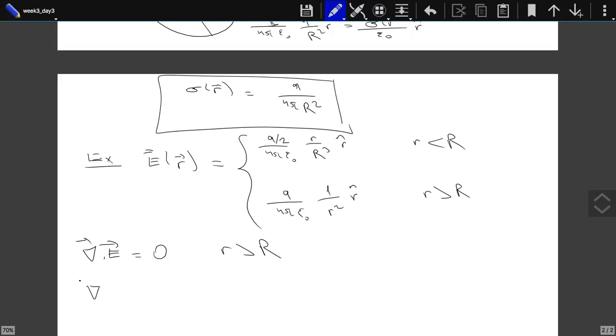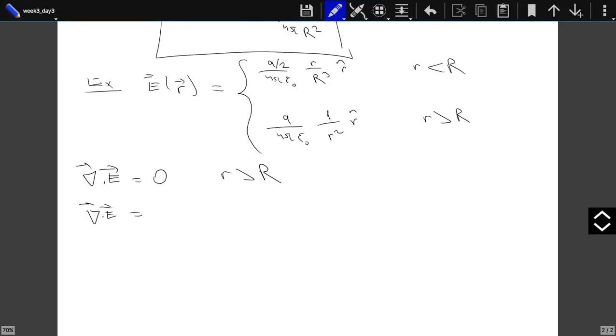Inside this sphere, the electric field only has the radial component, and the divergence of the electric field would be just this expression. And if you calculate this expression, this just turns out to be 3 Q over 2 divided by 4 pi epsilon 0 R cubed.